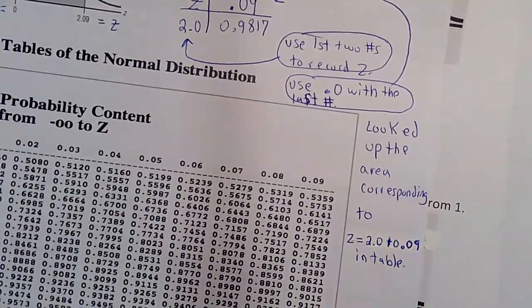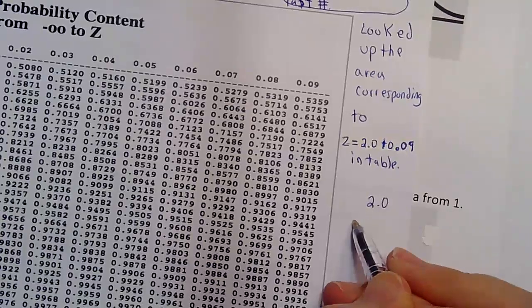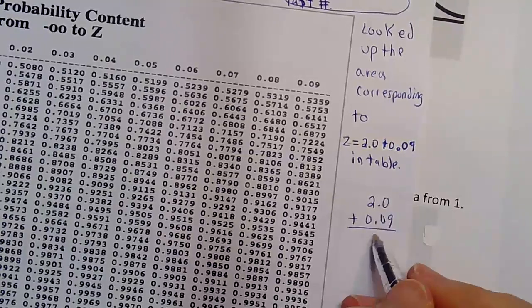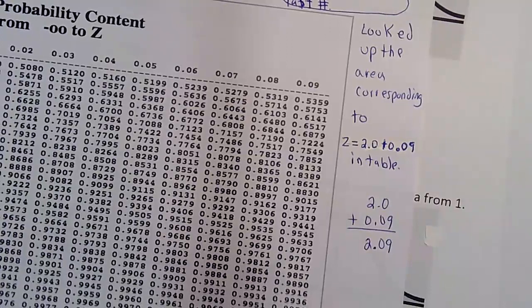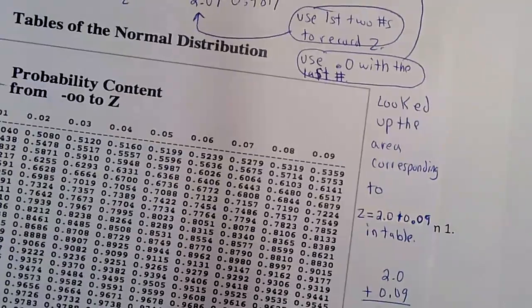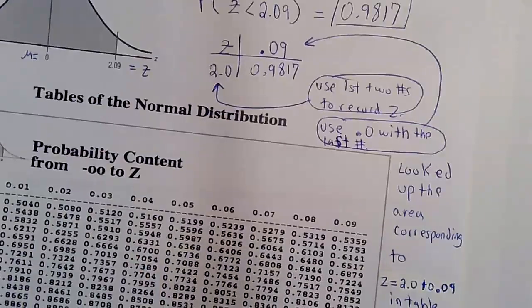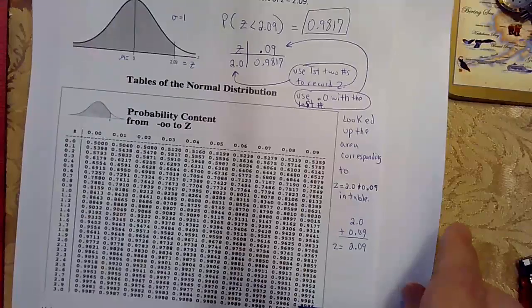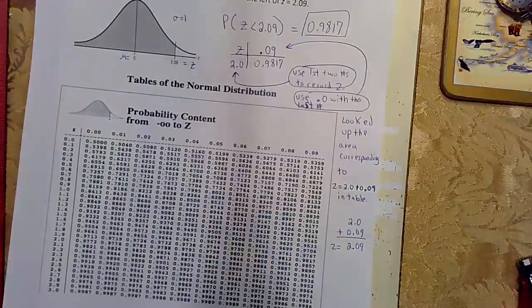I can also write this down if this helps you. Yeah, and that's because if you add 2.0 plus 0.09, you get 2.09. I remember that was our Z value. Remember that was this, see, right here. So that's the easiest type, when the areas are to the left of the curve.